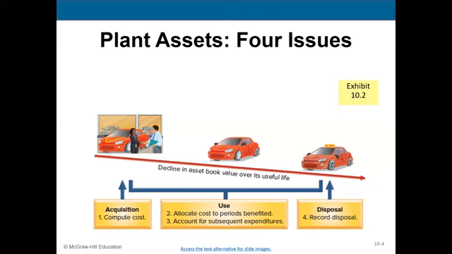So this graph that you see in front of you represents that loss in value. The first thing we do when we acquire an asset is we record its acquisition cost. Now, the thing with acquisition cost is it's not just the purchase price of the vehicle or the asset.